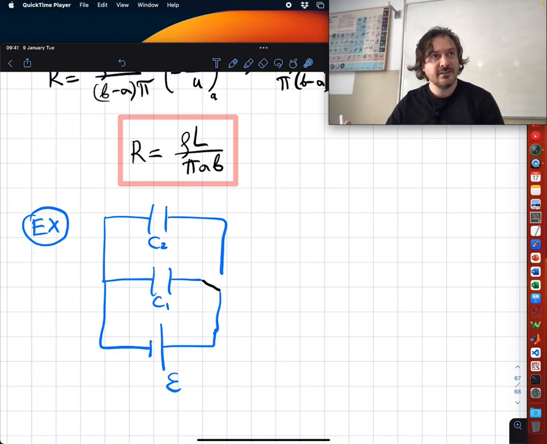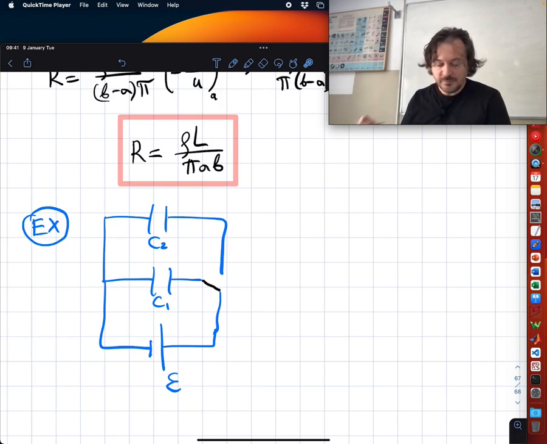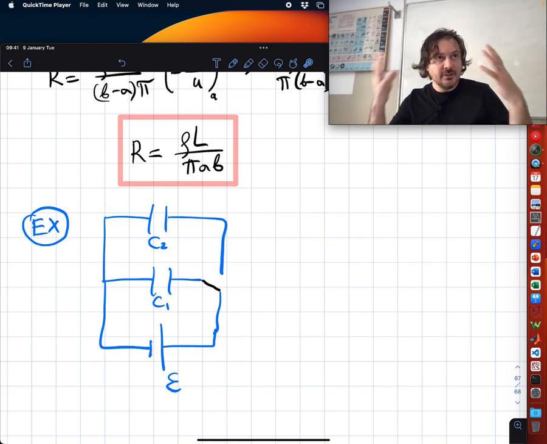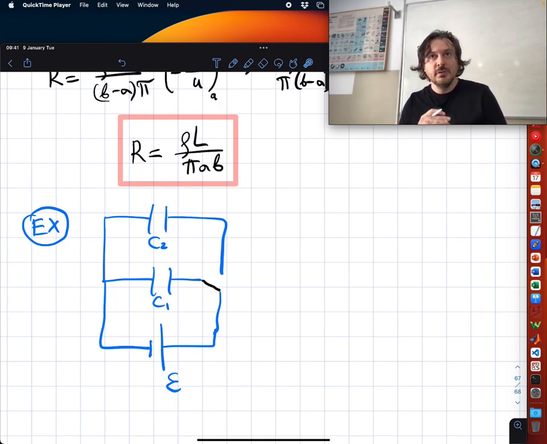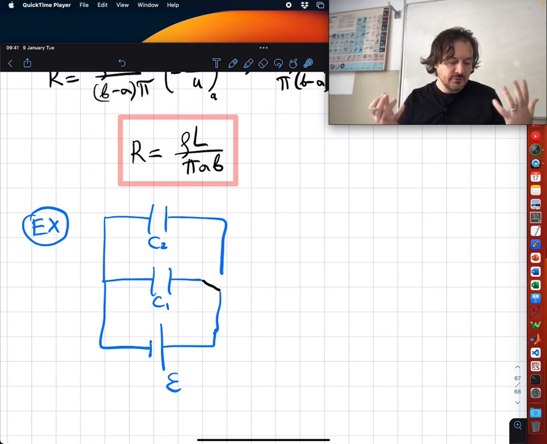I was going to ask this in the quiz and said that, no, it's too tricky for a quiz. But you will see that it's not that tricky. My message here is just be careful, okay? Think about the physics of the system. Don't just memorize what I tell you.